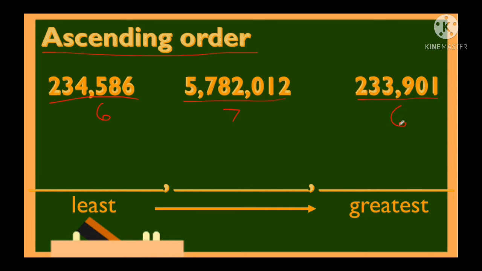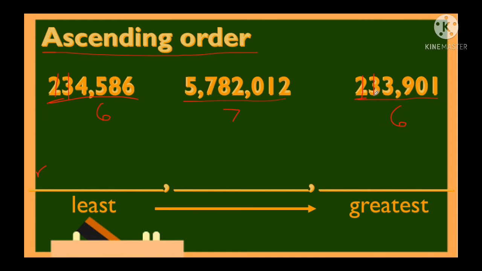So we need to find first the least number. Since we have two 6-digit numbers, let us compare those two numbers. Again, we will start at the left. 2 as a digit and another 2. They're the same. If they're the same, we need to move to the other numbers. So we have here 3, 3.